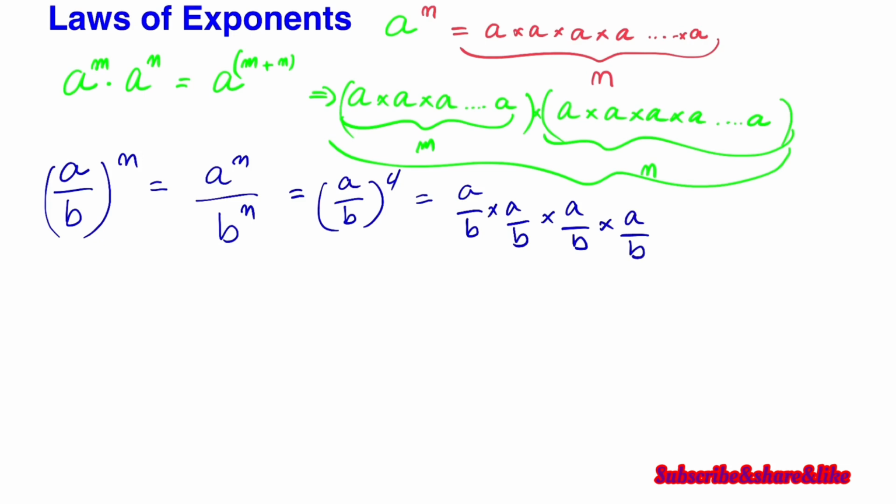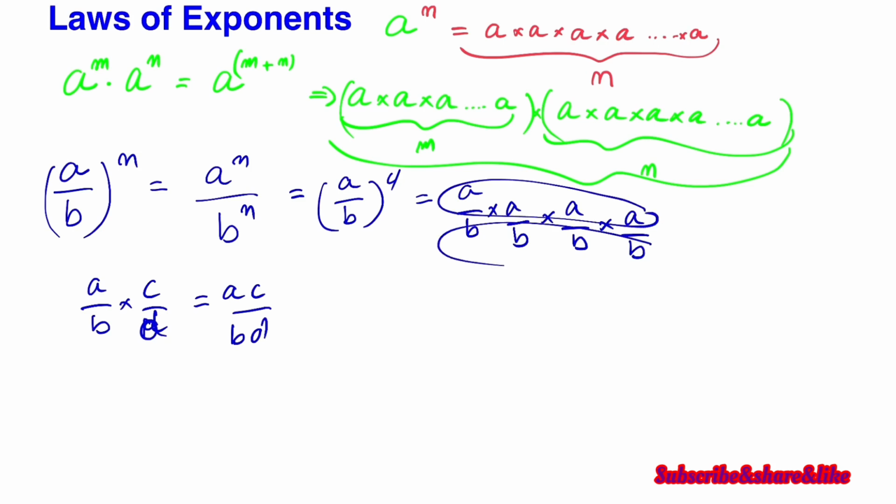If we have a over b times c over d, it's just ac over bd. We multiply the tops and multiply the bottoms, so it will be a to the 4th over b to the 4th.